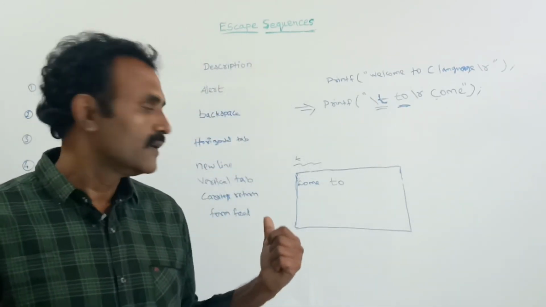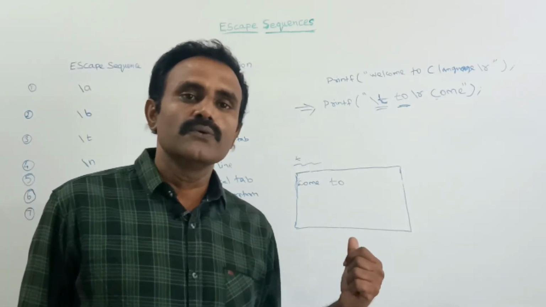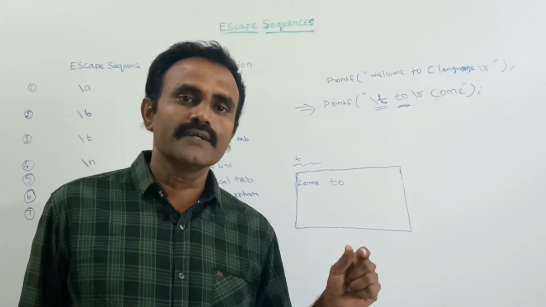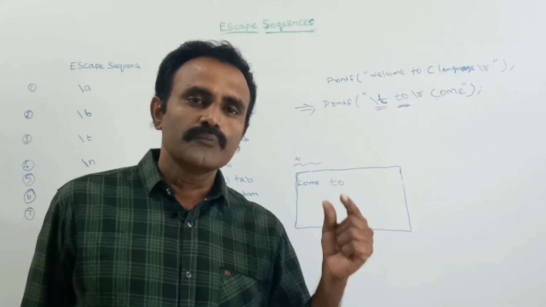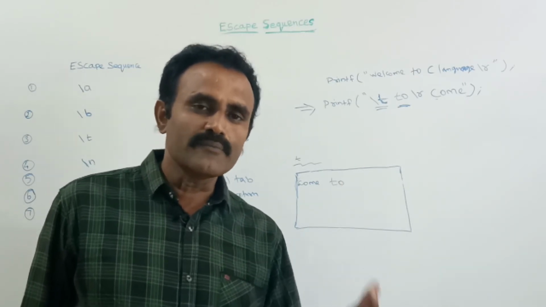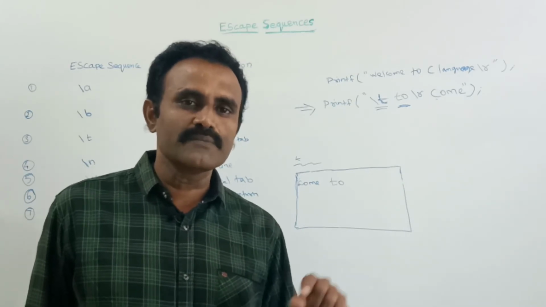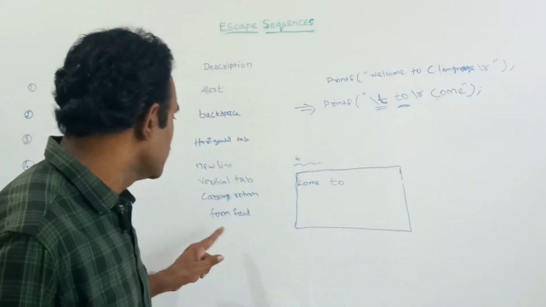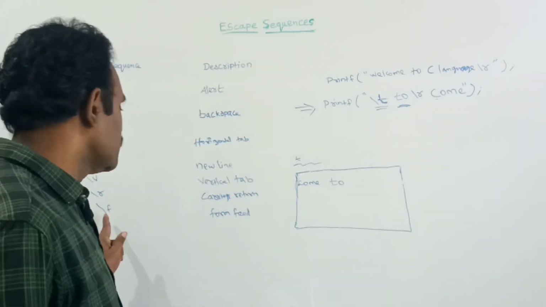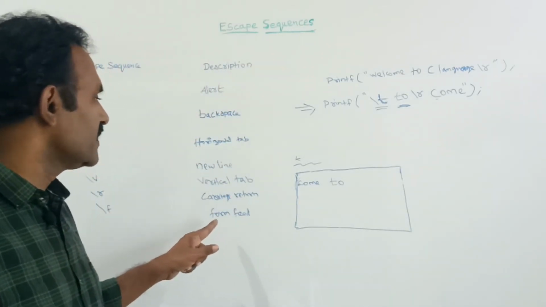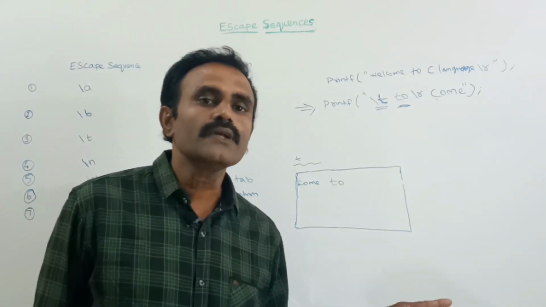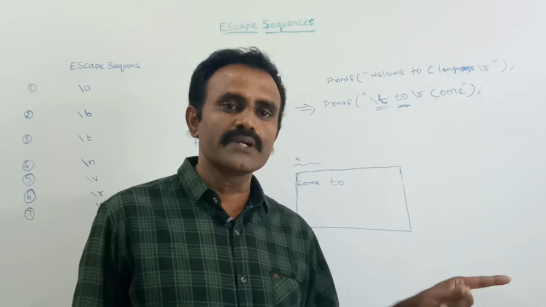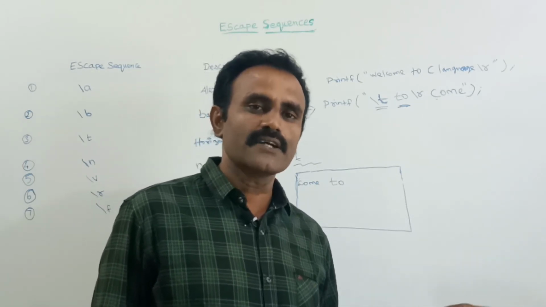If you want to omit the current page and take the print from the next page from the starting position, in that case we can use \f, that is the form feed. The form feed is used to continue the print from the next page at the starting position.